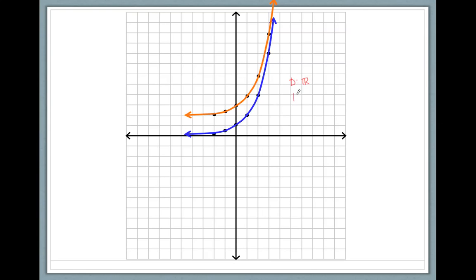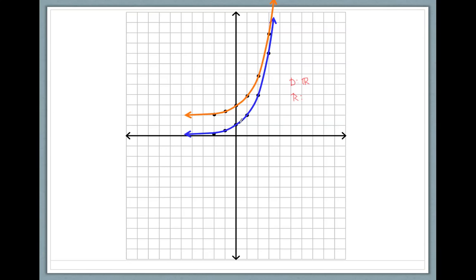Okay, but what about the range? Normally, our range is that y is greater than 0. Have I moved my original graph in a way that would also move this asymptote line? And the answer is yes. If I use a k value to move my graph up and down, then that means this asymptote also is going to move up or down.